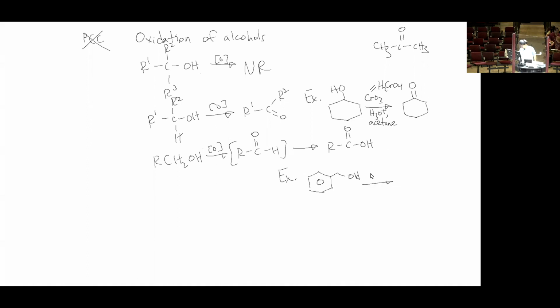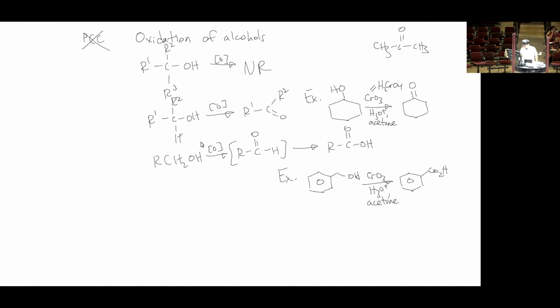And if you were to treat this with chromium 6 oxide in aqueous acid and acetone, you would at first get benzaldehyde, but eventually the benzaldehyde will also oxidize all the way up to the carboxylic acid. So I would expect you to get benzoic acid as the product.